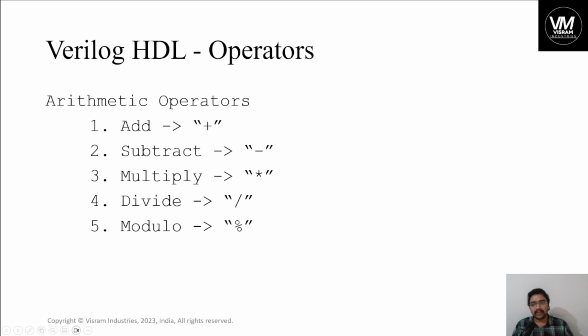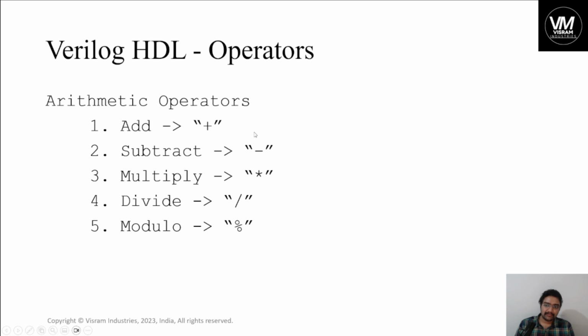Arithmetic operators: you have the plus symbol for addition, minus for subtraction, star symbol for multiply, slash for division, and percentage for modulo. Modulo, I mean, you will be getting the remainder out of the percentage symbol. We have used these symbols as of now in C language or in Verilog HDL in these examples.